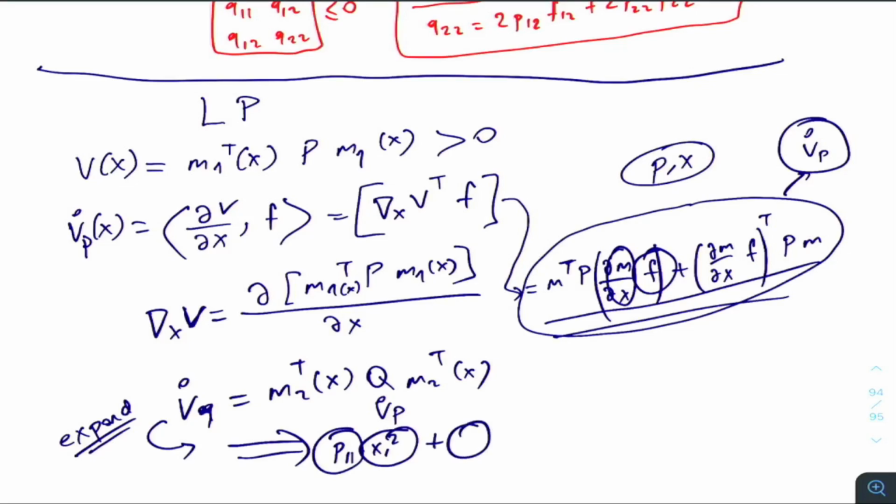Some p terms times some x terms, and it will be a really large polynomial with many terms, right? And for v dot, the q polynomial, here again we will have q11 times q1 squared, some q term times some x term, plus some q term times some x term.